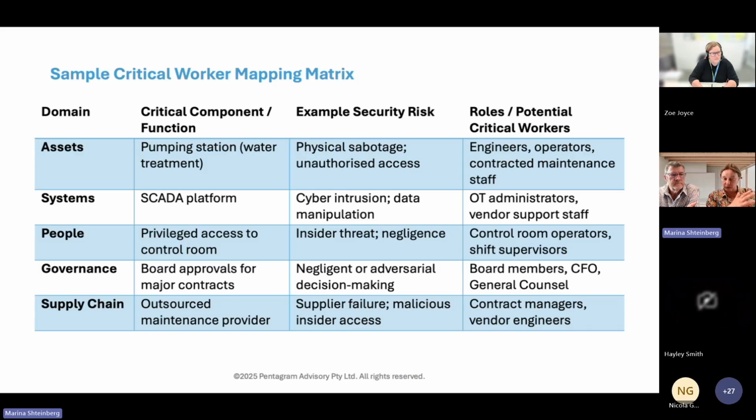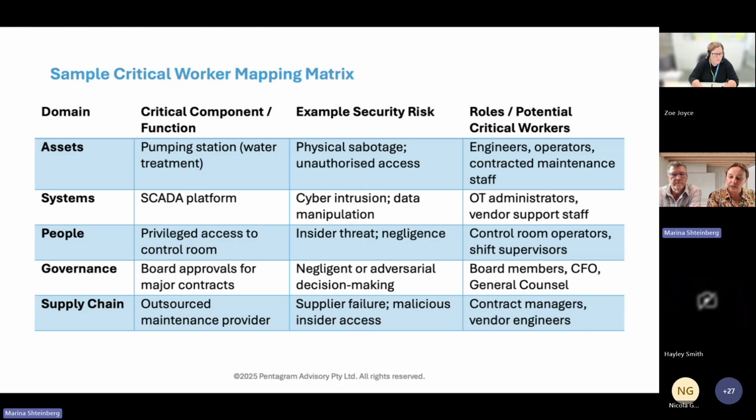Then if you list security risks, or security risk events that are relevant to those critical components or critical functions, you will be able to see what roles, what potential critical workers have access or have ability to influence through different ways those critical functions. So this list will give you an indication of potential critical workers.